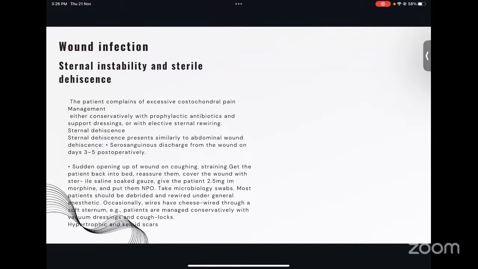For rewiring of the sternal wound, the patient may have multiple organ dysfunction as a residual of sepsis, and tissue is friable. Surgery often takes place at a time when adhesions are maximal, 4 to 6 weeks after surgery.